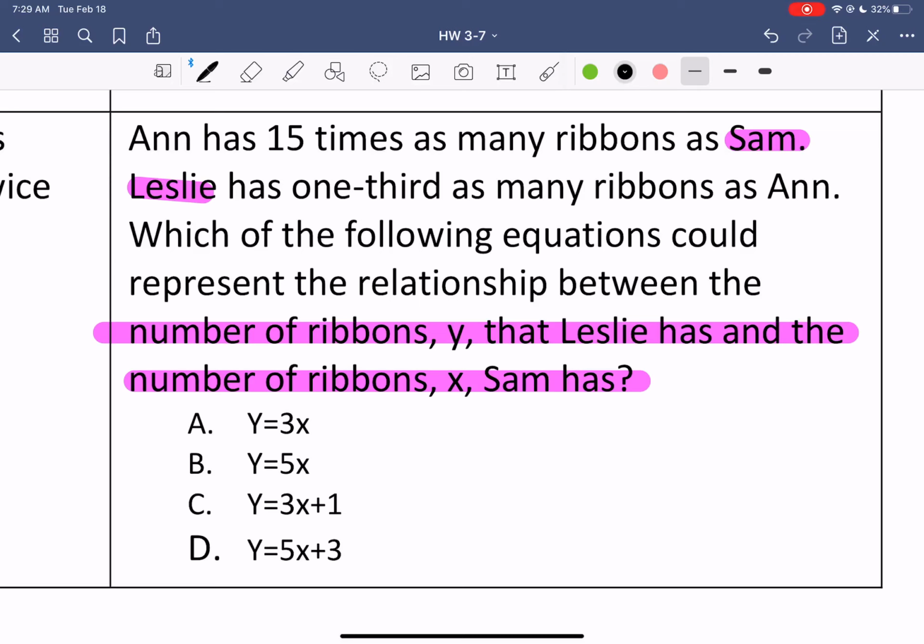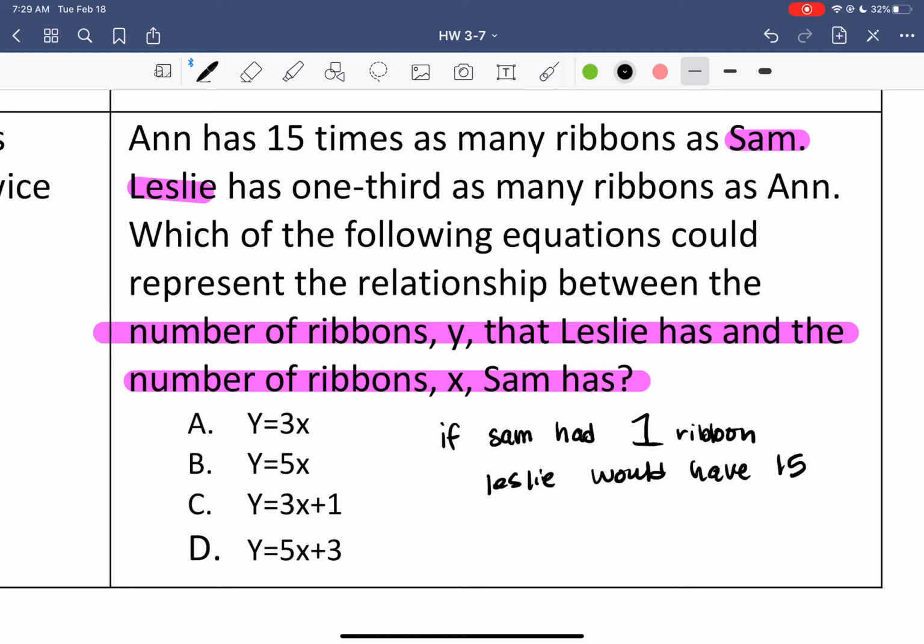So if Sam had 1 ribbon, Leslie would have 15.